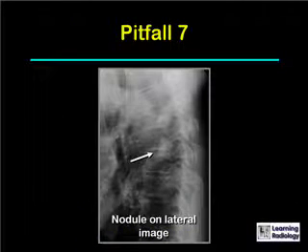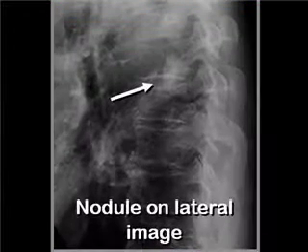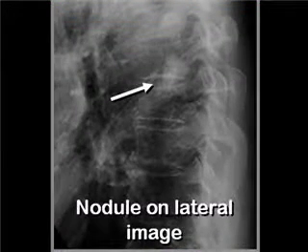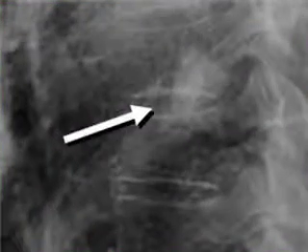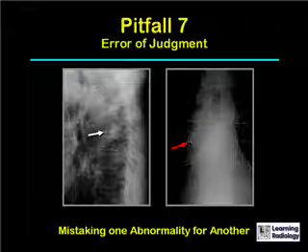Here's the next example. The observer noted that on the lateral radiograph of the chest, there appeared to be a nodule, which is shown by the white arrow. What do you think? Well, this in fact is not a nodule in the lung and is an example of mistaking one abnormality for another.